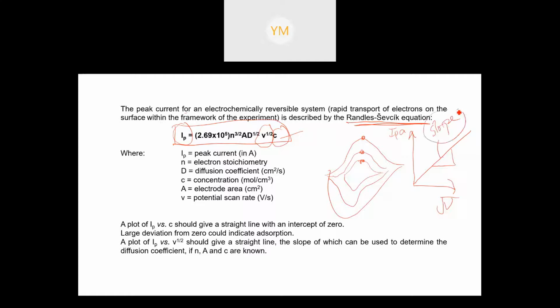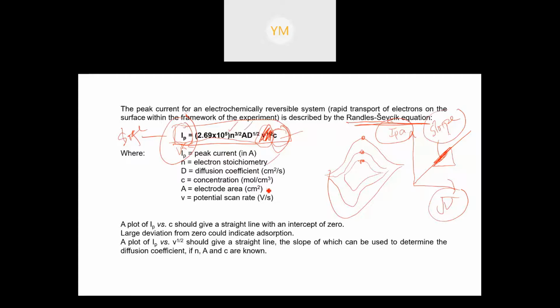This slope is the one you bring here. IP versus square root of V, you remove this, so this value is the slope of the plot. You get this value, you bring it here, so you can determine C, provided that you know N is 1, the electron stoichiometry.